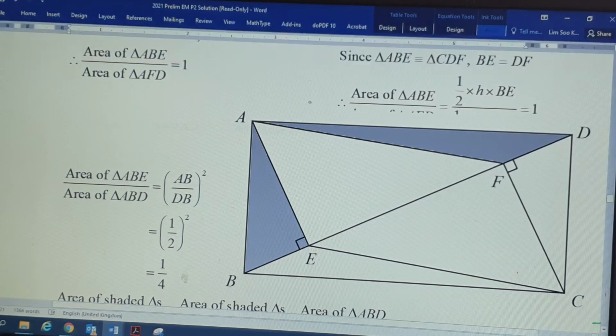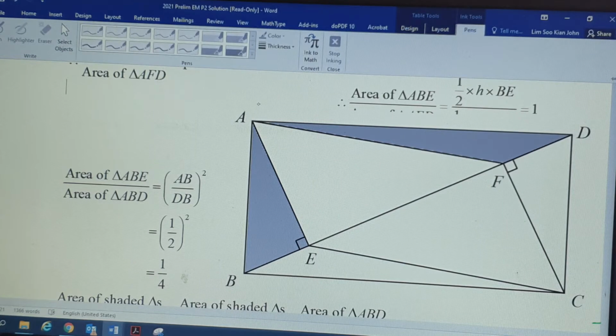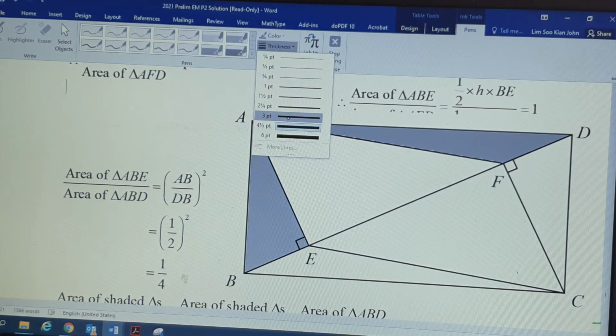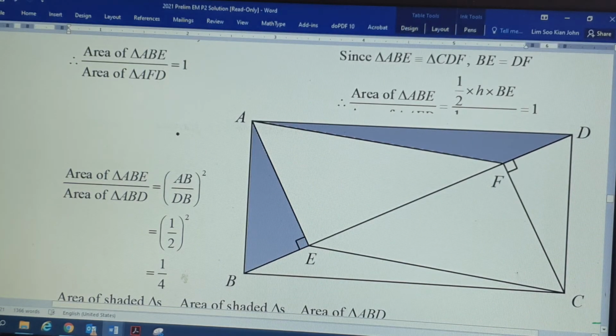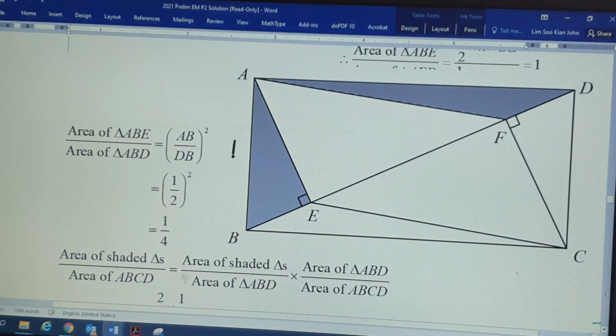Okay, can already. Meaning here AB is to BD is 1:2. AB is 1 unit, BD is 2. What does it mean? This whole length is 2, no? Okay, how to write it? I just write like that. Whole thing here is 2.